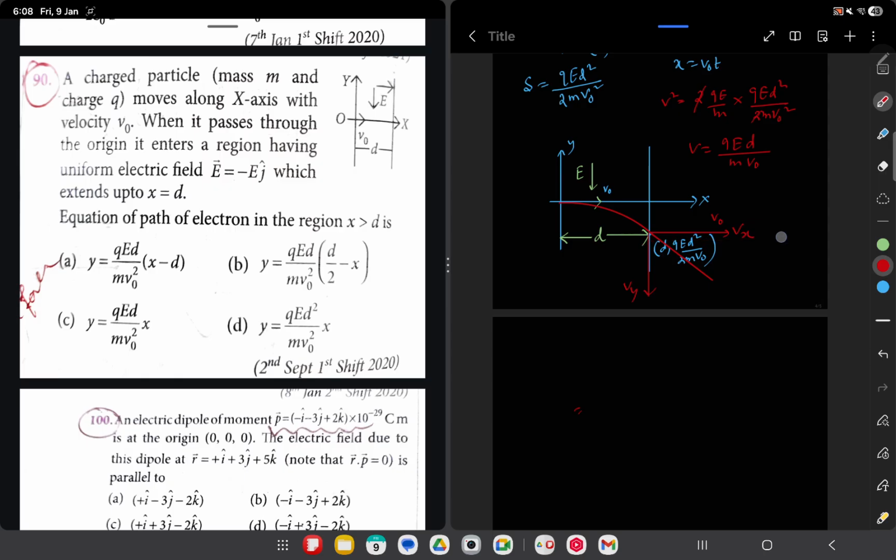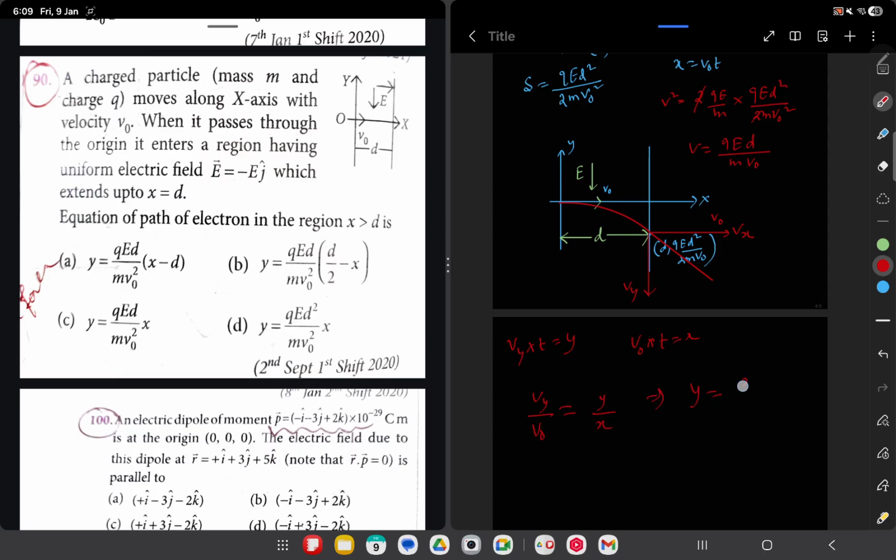Now for this zone, let's assume this as the origin. So if this is the origin, then v naught into t should be equal to x, and vy into t should be equal to y. So you are clearly getting vy by v naught equal to y by x.